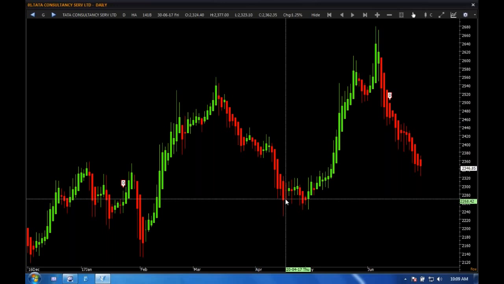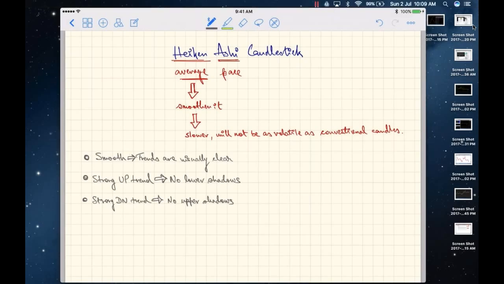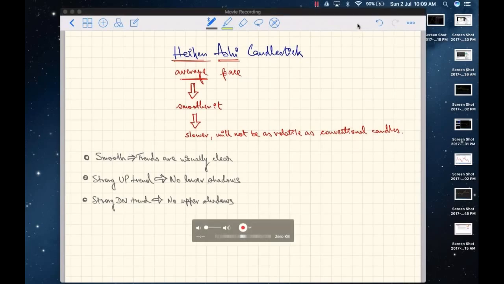Now, bullish harami pattern, bearish harami pattern, hammers, hanging man, engulfing, etc., the patterns that we did yesterday, none of these patterns will work over here. Heiken Ashi do not work on those patterns. They will not work.